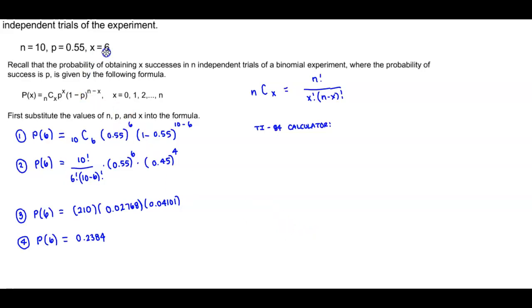So we're going to use the function binompdf, where you have n trials, you have your probability, and then you have the value of x. So we're going to put in binompdf, where n is 10, our probability is 0.55, and the value of x is equal to 6.